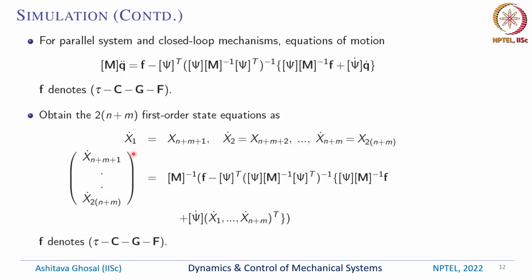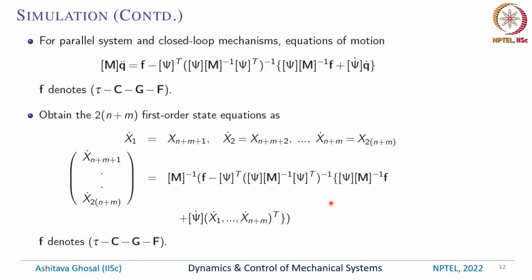And again, it is very easy. x1 dot is xn+m+1, x2 dot is xn+m+2, and so on. And xn+m+1 dot all the way till x dot 2(n+m) are obtained from these equations of motion. Okay, and again this F denotes tau minus c minus g minus f.